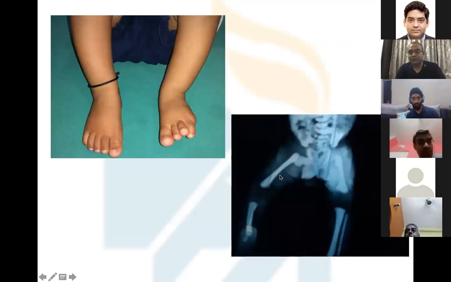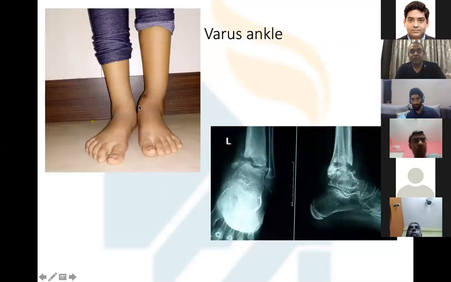This is a case where this child has a loss of the fifth toe, which suggests, on X-ray, a fibular hemimelia, and these are the cases where they also present with a valgus at the ankle joint. Now, here is a post-infective case where there is a deformity of the ankle, a sequela of septic arthritis, and there is a varus ankle there.